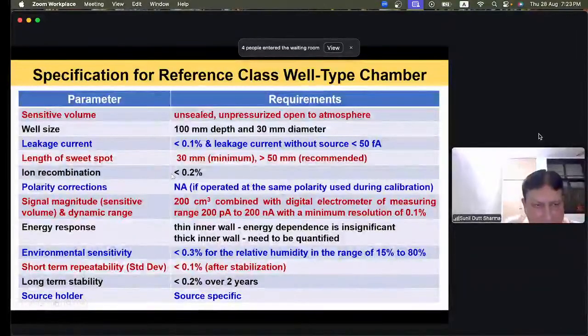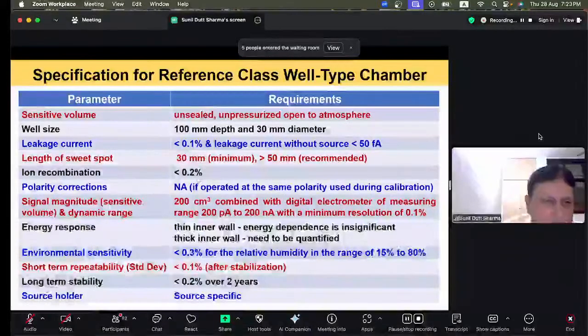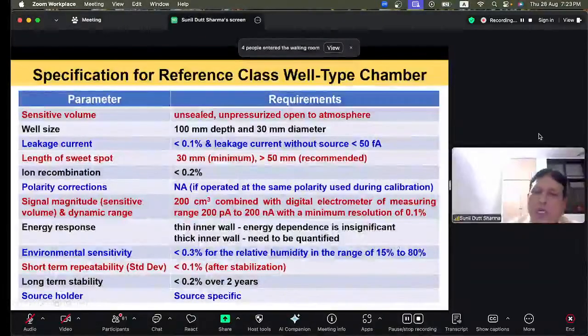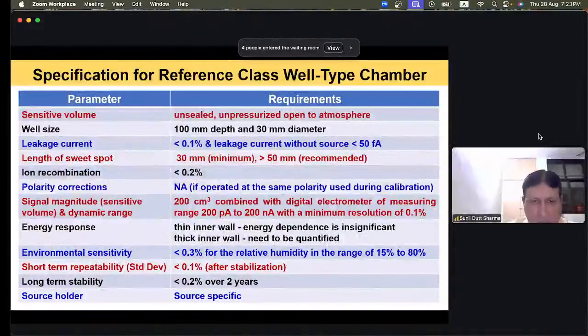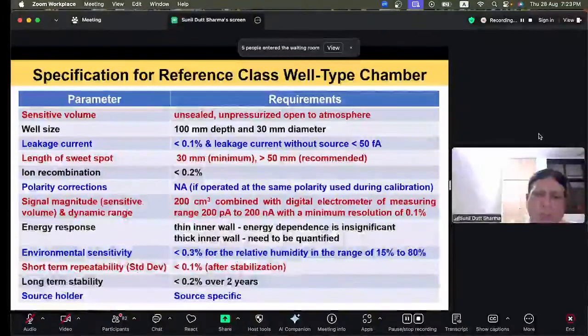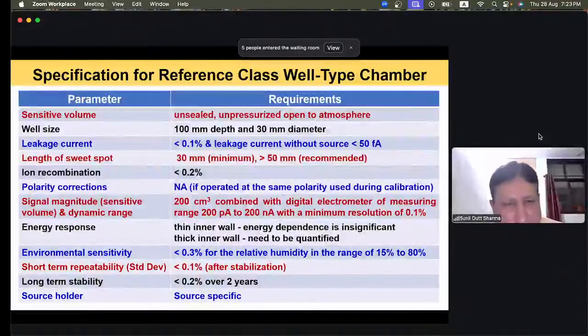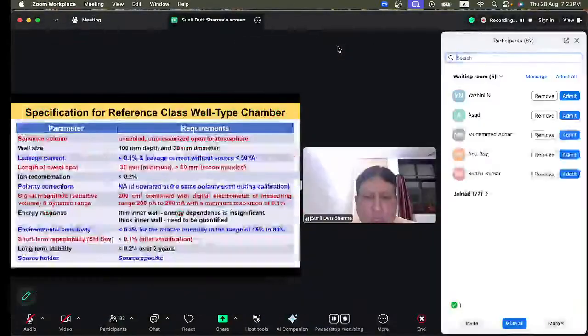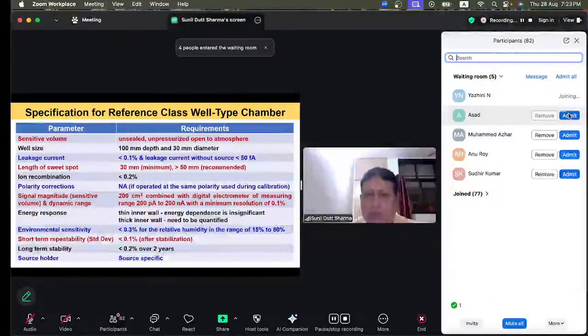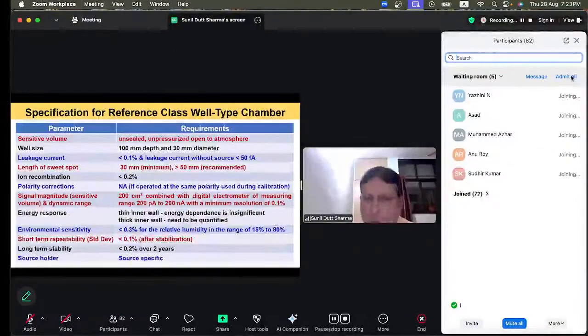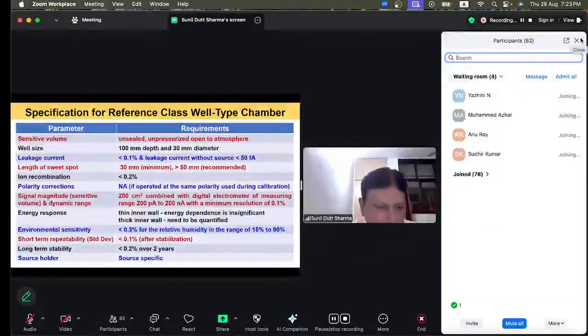Ion recombination, that is saturation correction, shall be less than 0.2%. Polarity correction, if operated at the polarity which is used for calibrating this instrument by a standard laboratory, shall not be required. Signal magnitude: usually if you are having a bell type ion chamber of nominal volume about 200 cc, the signal strength will range from 200 picoampere to 200 nanoampere, and the resolution the report requires shall be within 0.1%.